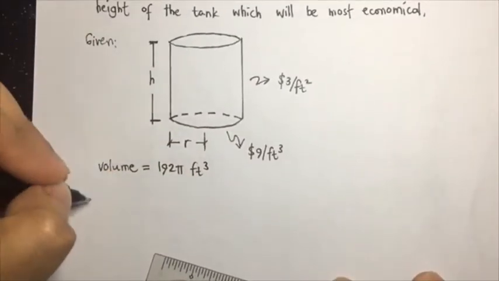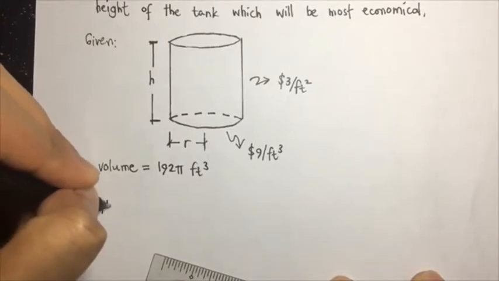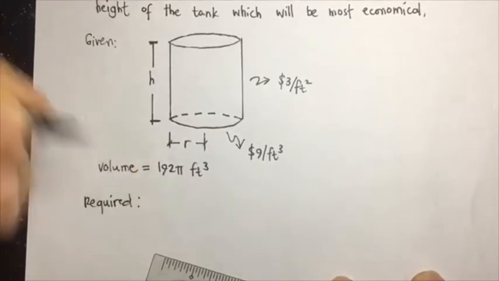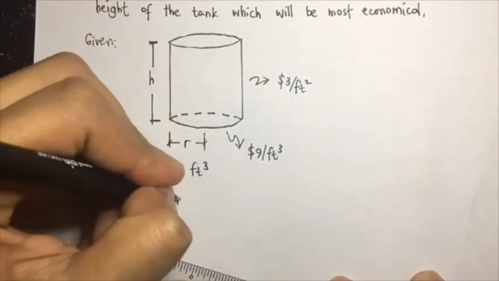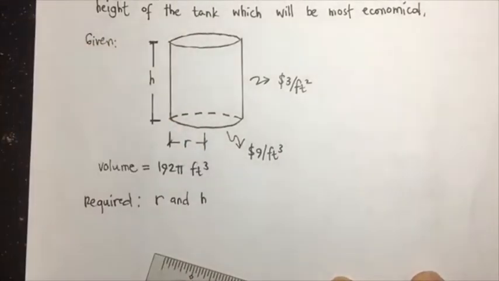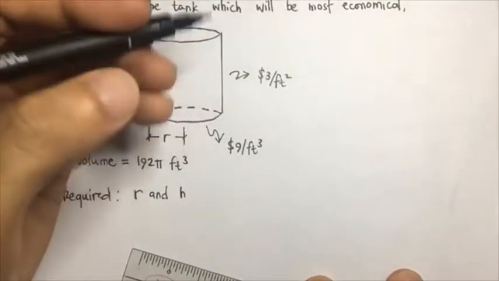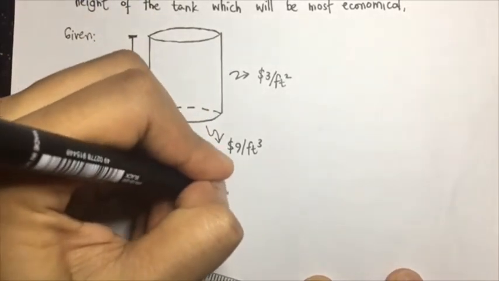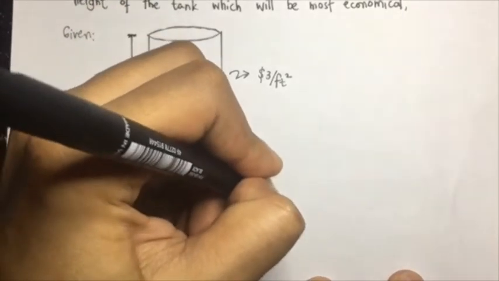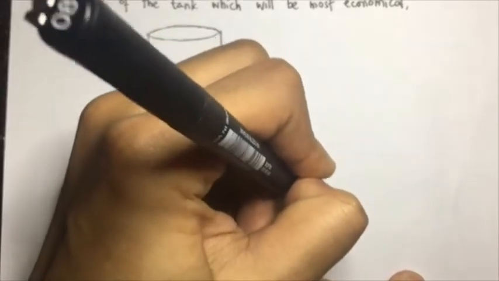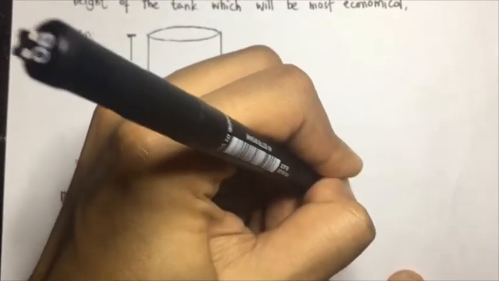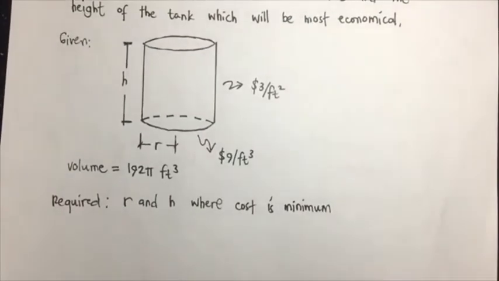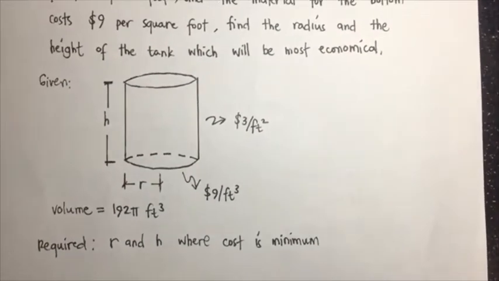Okay, so our required is the radius and the height for which the cost is minimum.